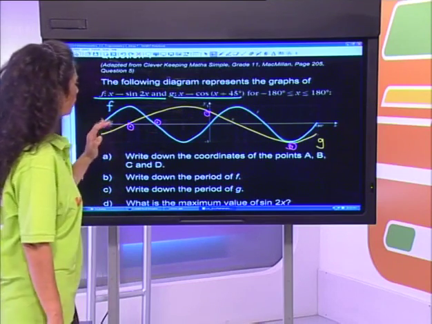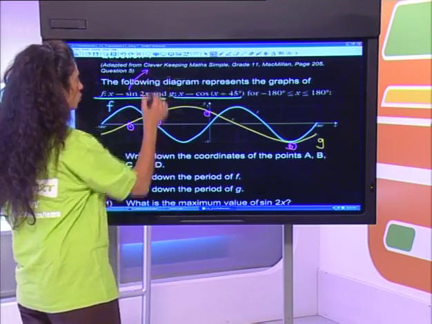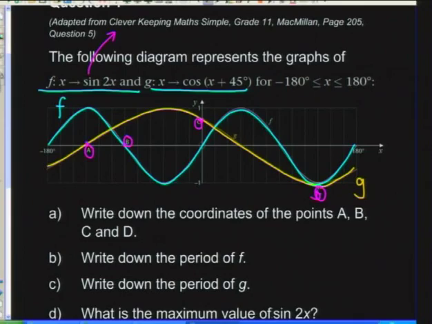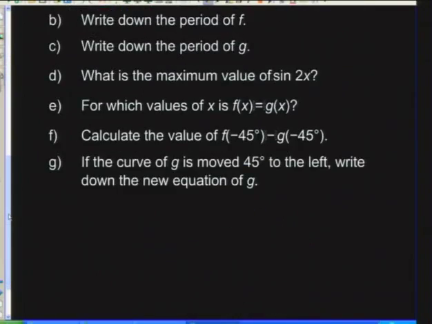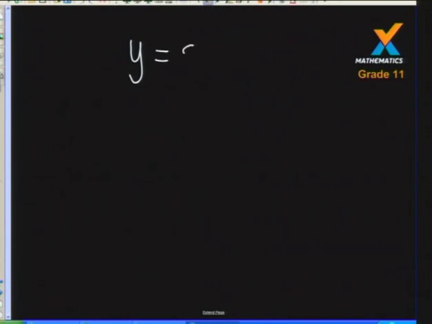Okay, so engaging means let's go and work some things out. Let's go down a little bit and do some calculations. Or actually, let's go on to another page. There we go. So they've given us the graph, and we're going to establish in a moment whether we agree with them. Y equals sine 2x.